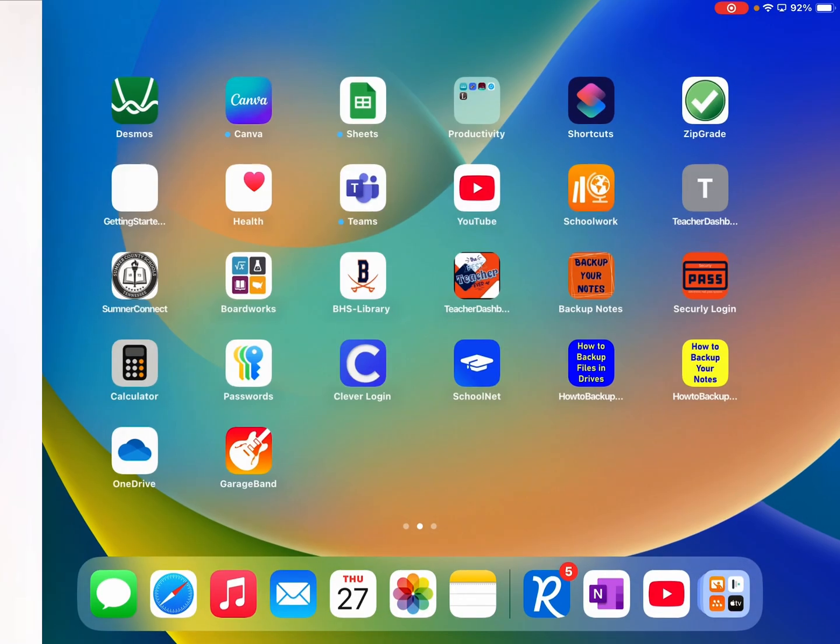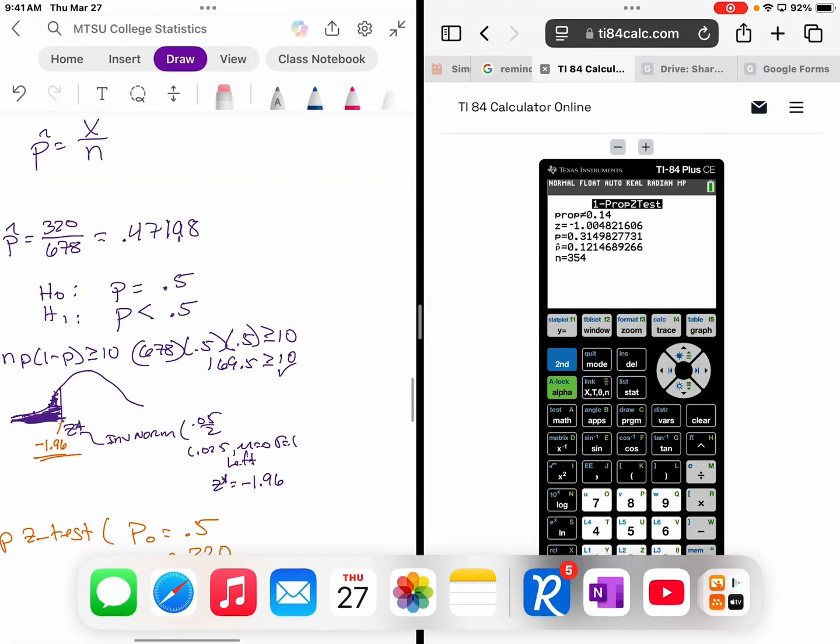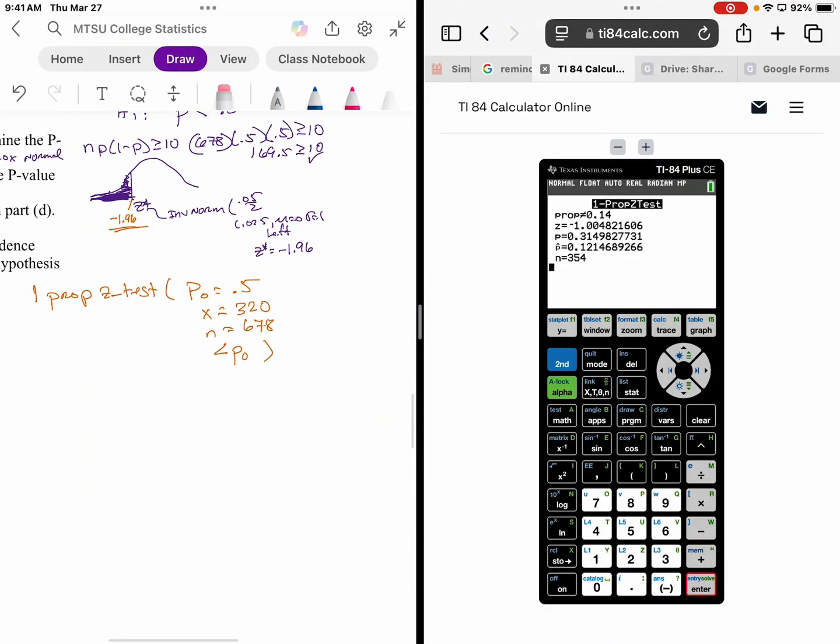So again, as I grab the calculator on the screen, try to get that back up so you can see. Stat, over to test, option number 5. 0.5 is my p naught, 320, 678, choosing the one in the middle for the symbols. Go down to calculate, and here my p-value is 0.0722.